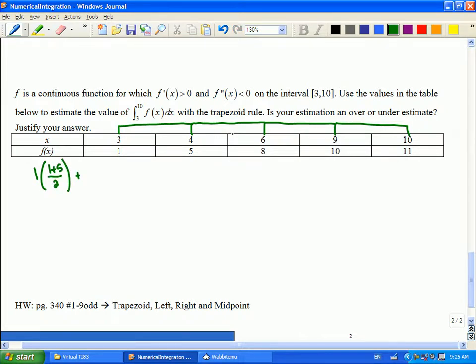Then the width of the next piece is 2, and I'm going to go (5 plus 8) over 2. Then it's 3 times (8 plus 10) over 2. And then 1 times (10 plus 11) over 2.